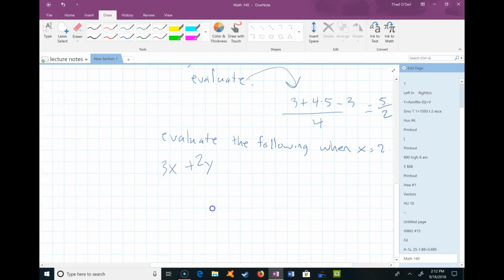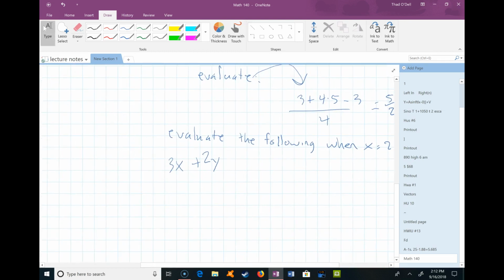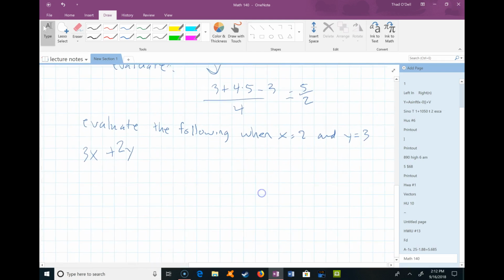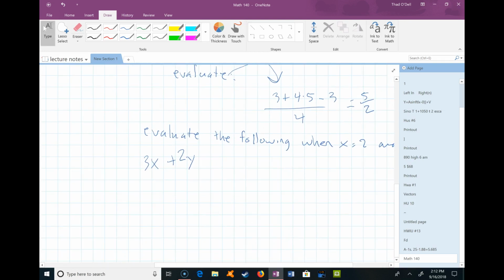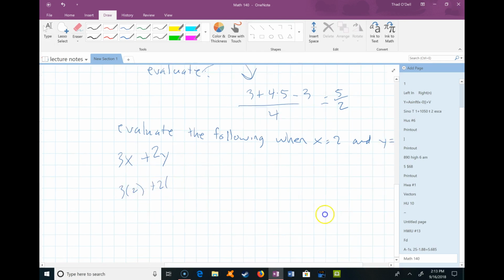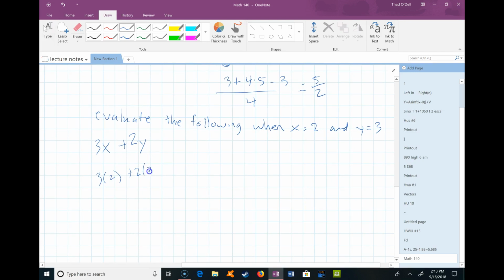So here's an expression. If I asked you to evaluate right now, you'd say, well, I don't know how much it's worth. But then when I say evaluate the following when x equals 2 and y equals 3, oh, so basically what it's telling you is you can replace x with 2 because now we know what it is. And we can replace y with 3 because now we know what it is.